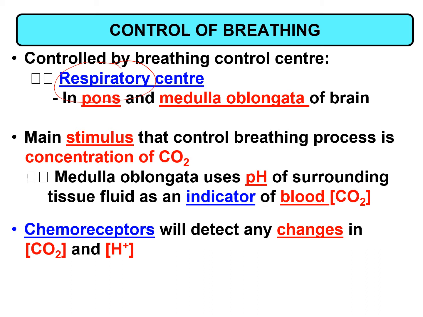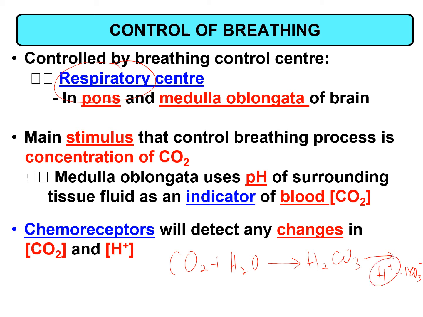The main stimulus that causes our breathing to quicken or slow is the concentration of carbon dioxide. When carbon dioxide is in the bloodstream, it will dissolve in water and produce carbonic acid, and then dissociate into H plus and bicarbonate ion.